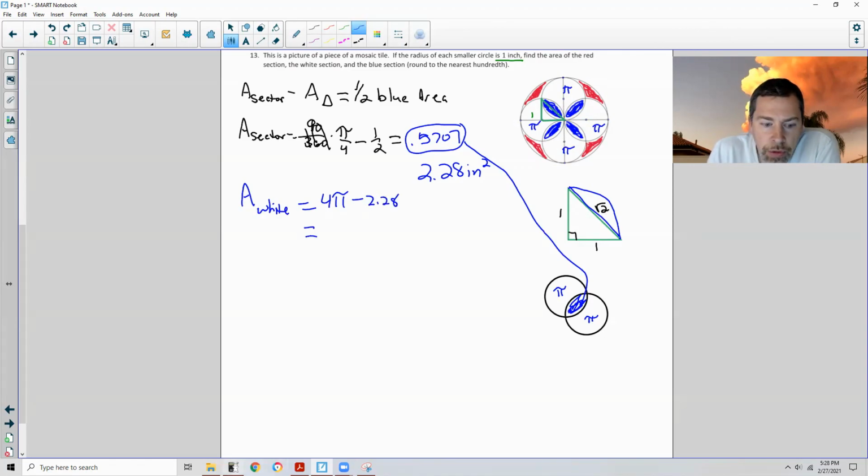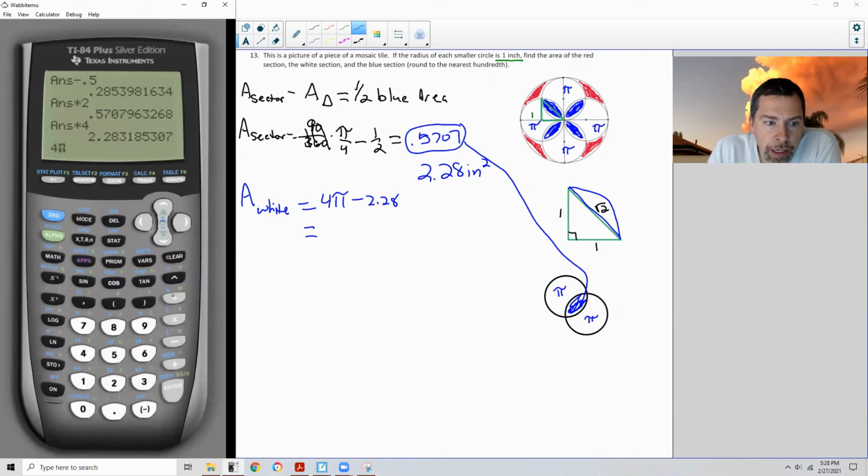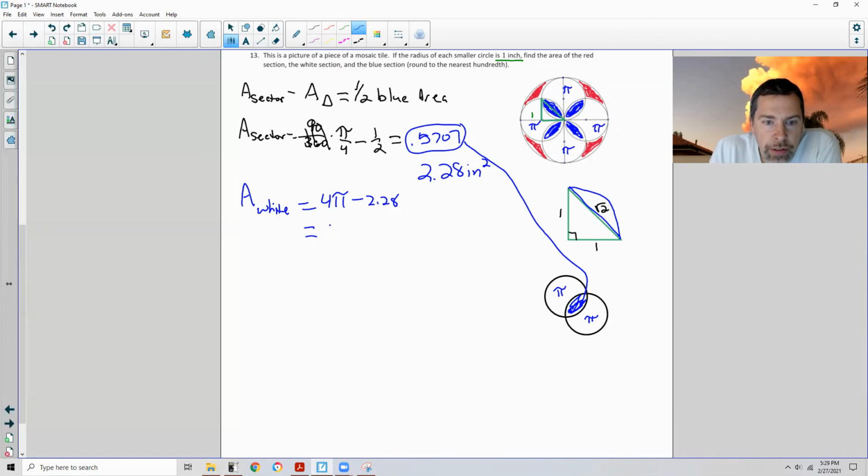So that's going to equal 4 pi minus 2.28, 3185307. I'm just copying it from up here to be more accurate. And I got 10.28 centimeters squared. Okay. All righty. So there's the white.